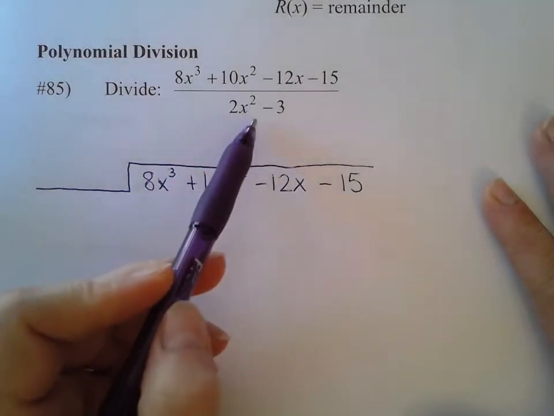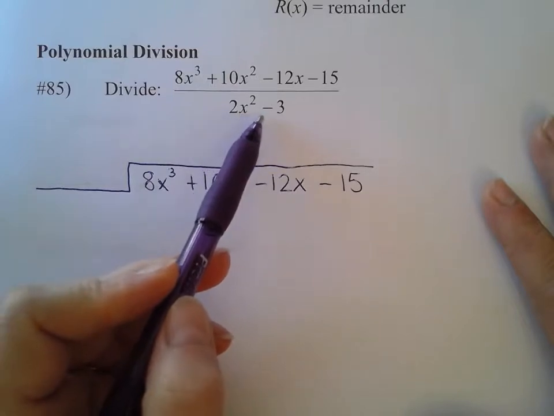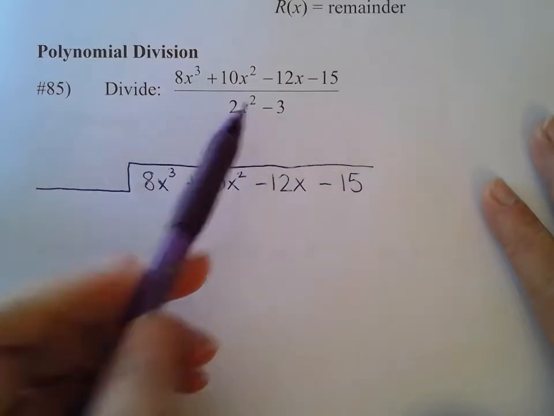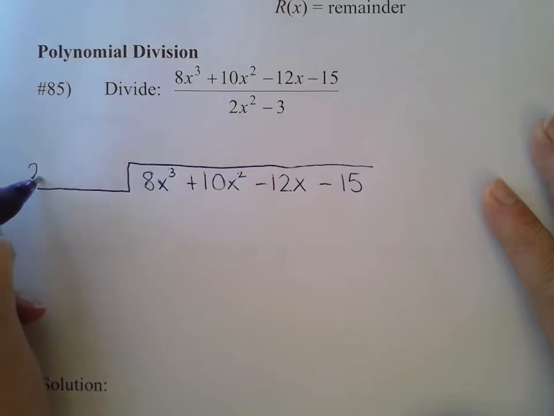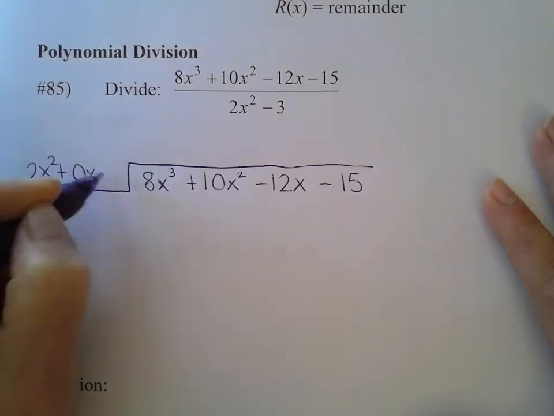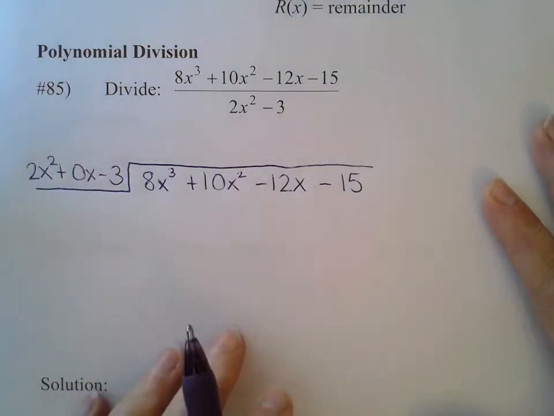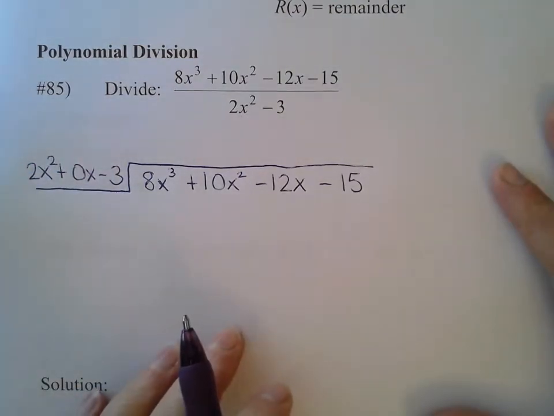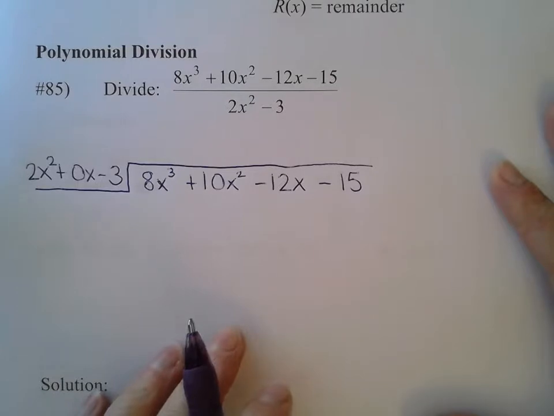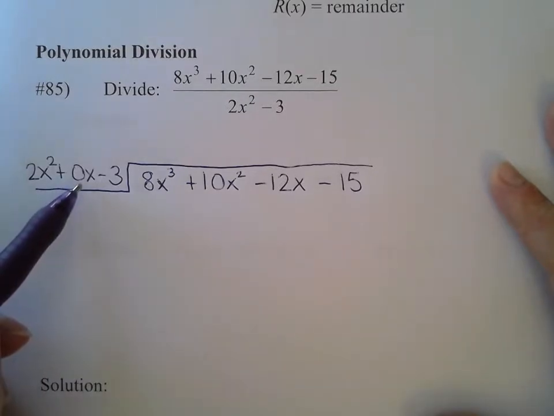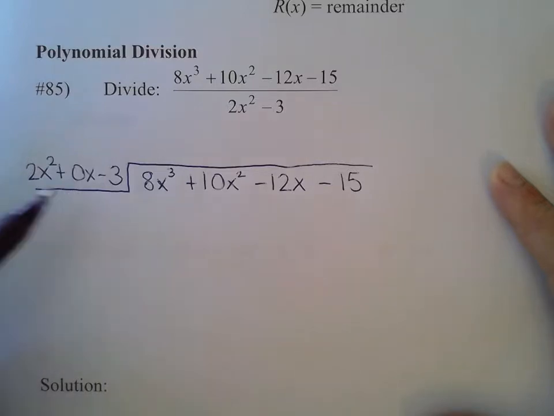But the divisor is missing x to the first power in the middle, so we're going to write it as 2x squared plus 0x minus 3. That 0 is just holding the place of the x term, just like a 0 would hold the place for the tens digit or the hundreds.